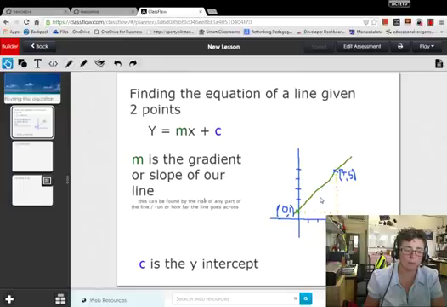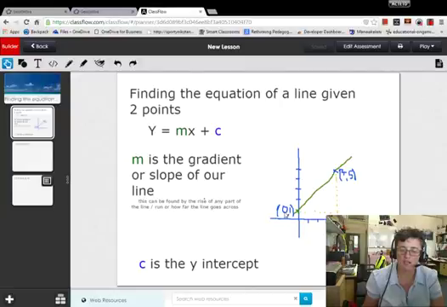And we've done this before. So we need to look at how much the line goes up by how much the line goes across. And it doesn't matter which way you do it, whether you go above the line or under the line. So in this case, let's work where I've already put the dotted line. So I've got 2 points on the line. As you can see here, when we look at the run, we're looking at the x-axis coordinates.